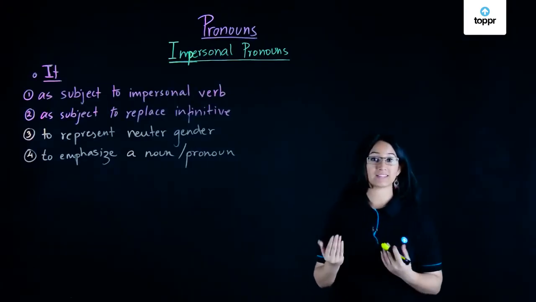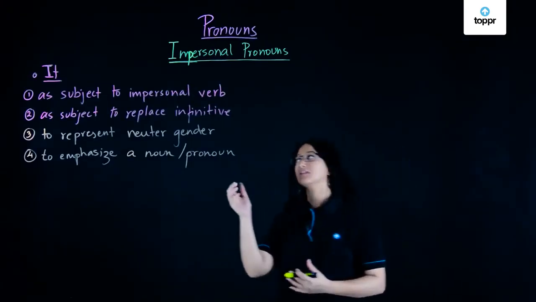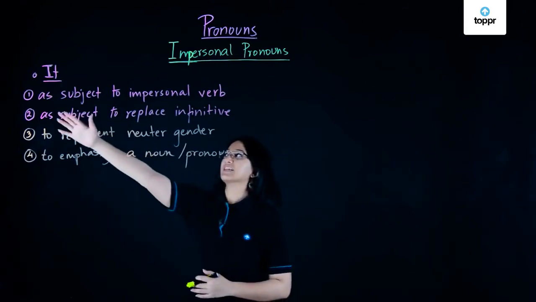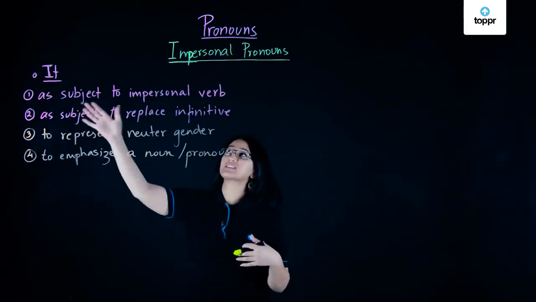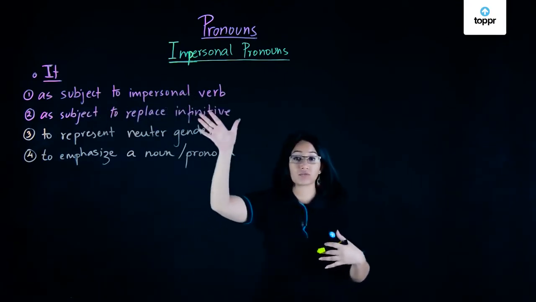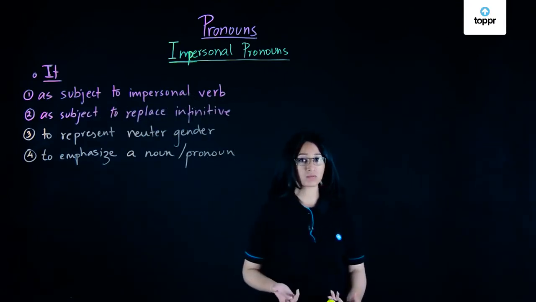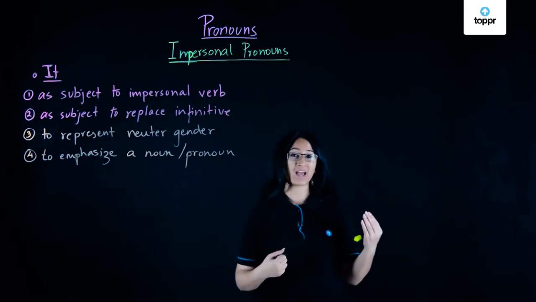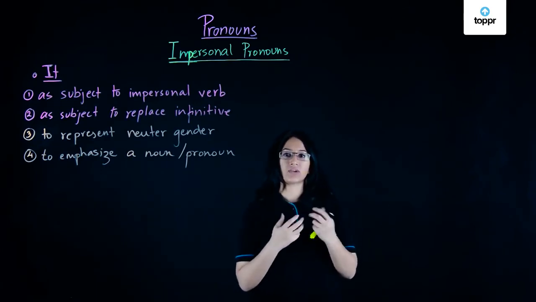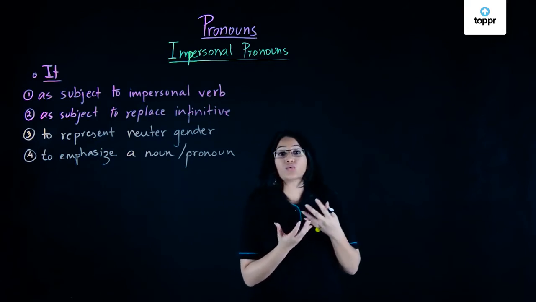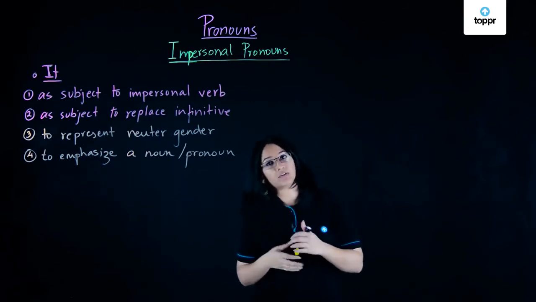Next, we look at the impersonal pronoun it. So, firstly, you can use the word it as an impersonal pronoun as the subject to an impersonal verb. Now, what are impersonal verbs? They're basically verbs which don't have a specific or a determinate subject. So, in order to give it a subject, we can use the word it as the impersonal pronoun.